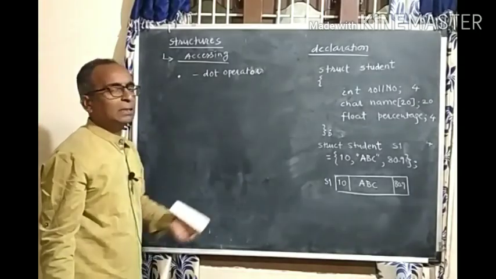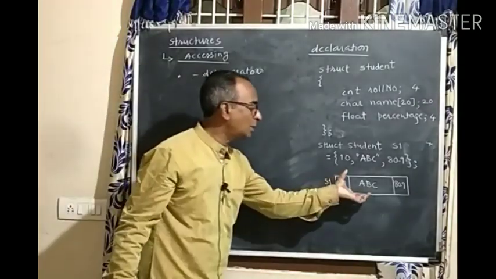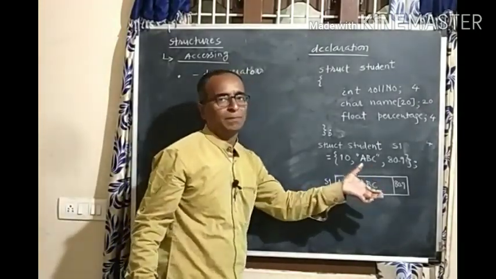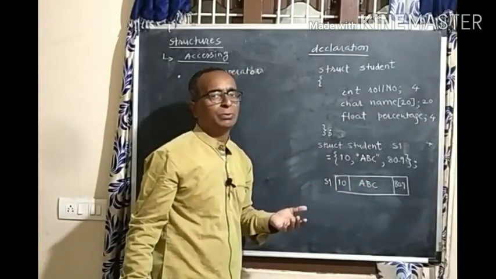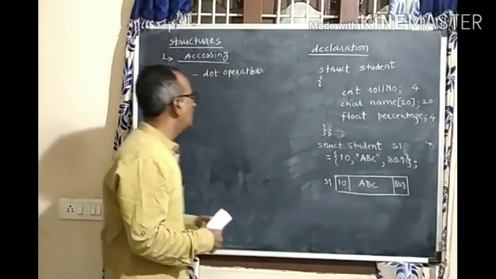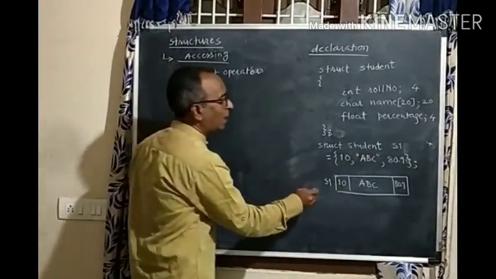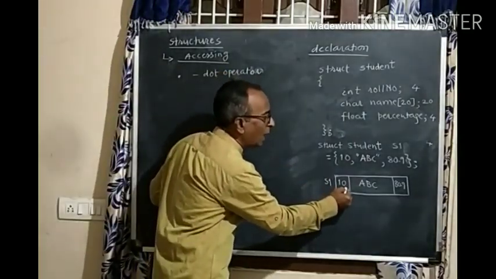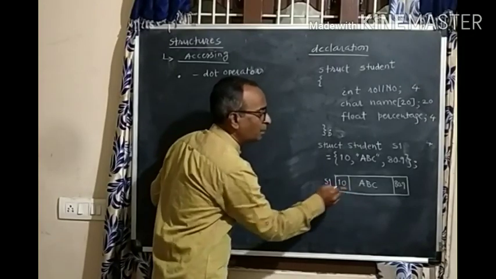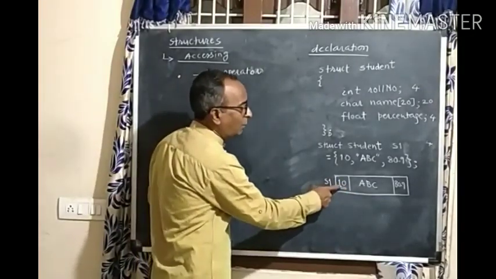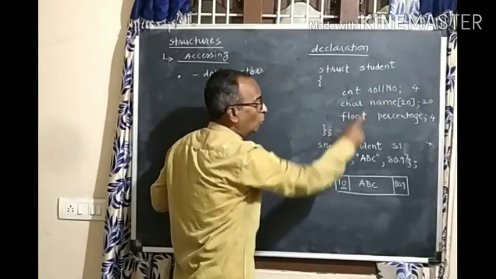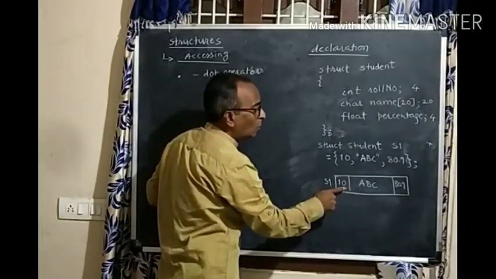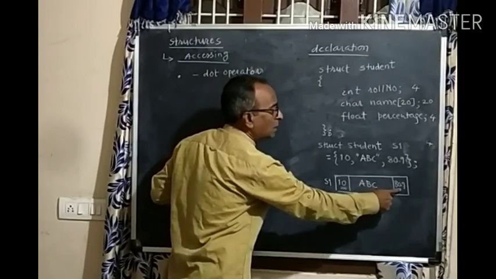Now I want to access these structure members. How can I print these values? Whenever I want to access this value, what is the identifier for this? In a structure variable, there is roll number, name, percentage field.